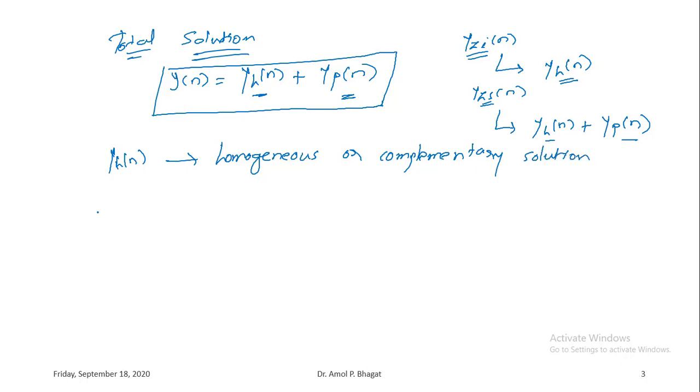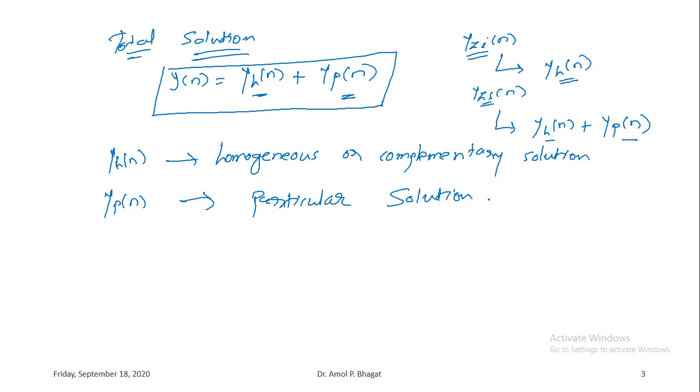While this yp of n is called as particular solution. So basically you might have solved these difference equations in subject mathematics. There you have also computed the homogeneous solution and particular solution, right?